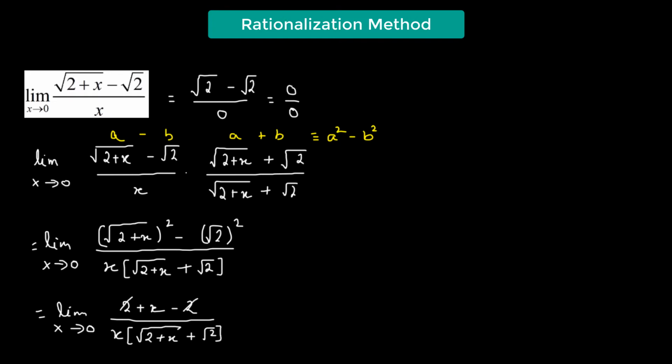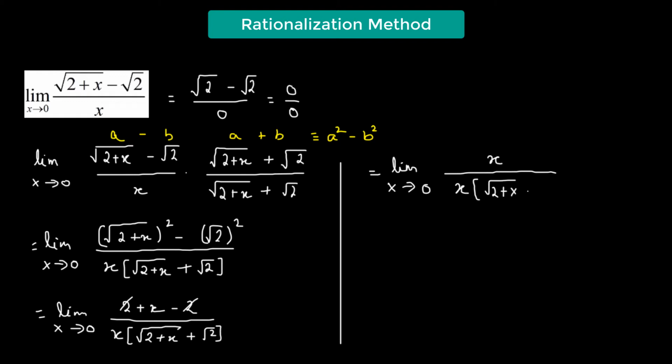So the 2 and negative 2 get cancelled out in the numerator, and that is going to leave us with limit x approaching 0, x in the numerator divided by x multiplied by square root of 2 plus x plus square root of 2. Now we can factor out the x from both the numerator and the denominator, and that is going to leave us with 1 over square root of 2 plus x plus square root of 2.